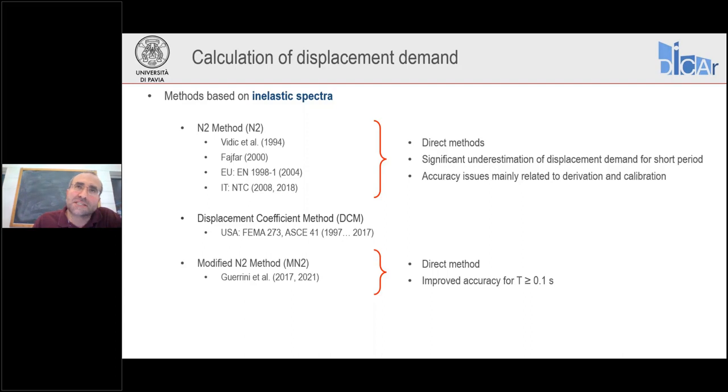So to improve this accuracy issue, we just needed to revise these equations a little bit, and a conceptual adjustment of the method was not required. Just a calibration of the equations used to transform the elastic displacement demand into an inelastic displacement demand.